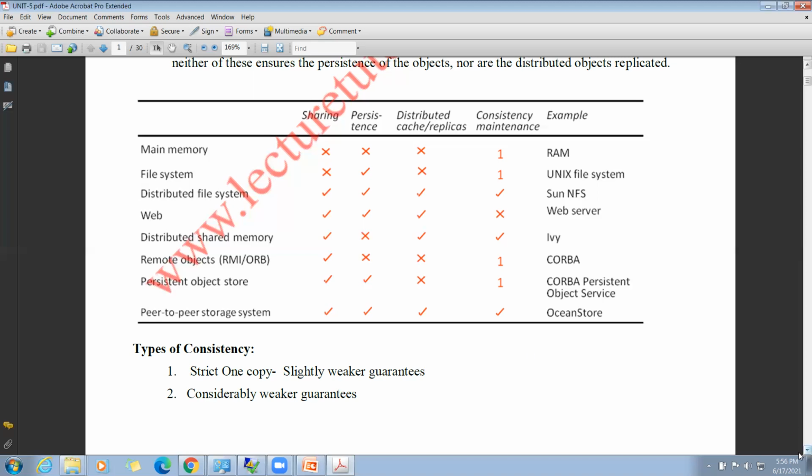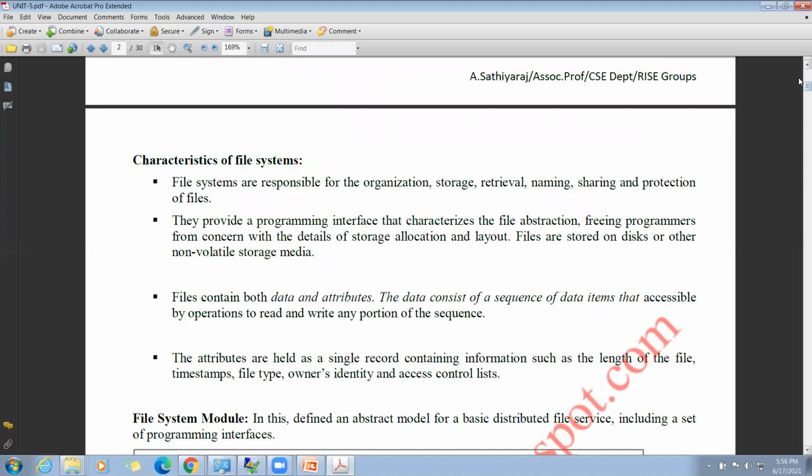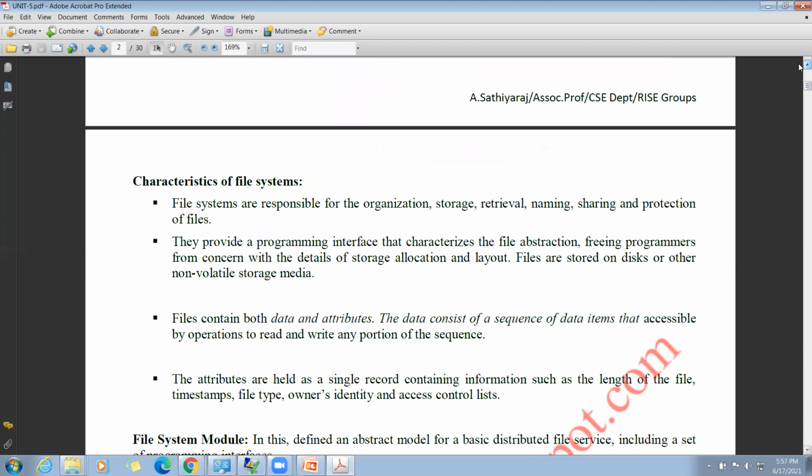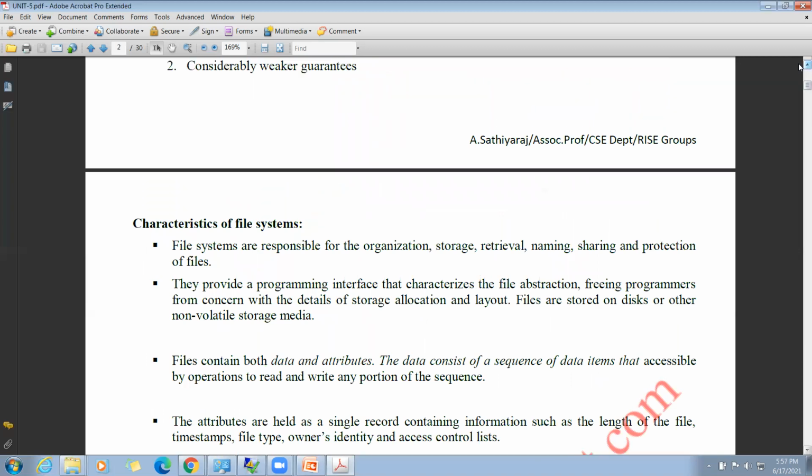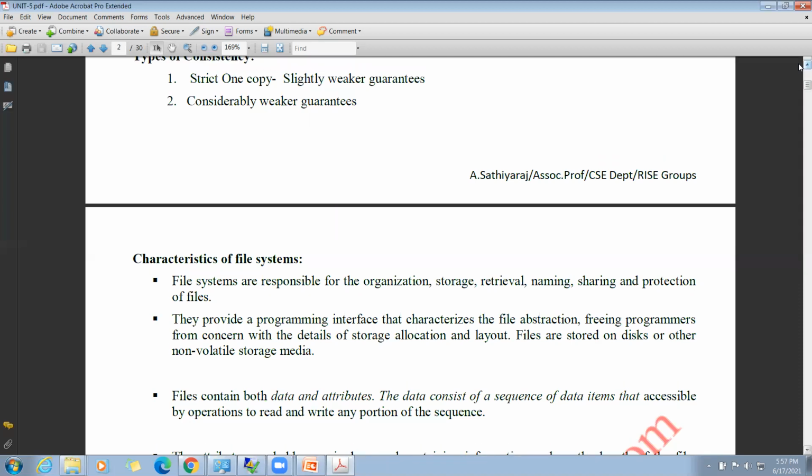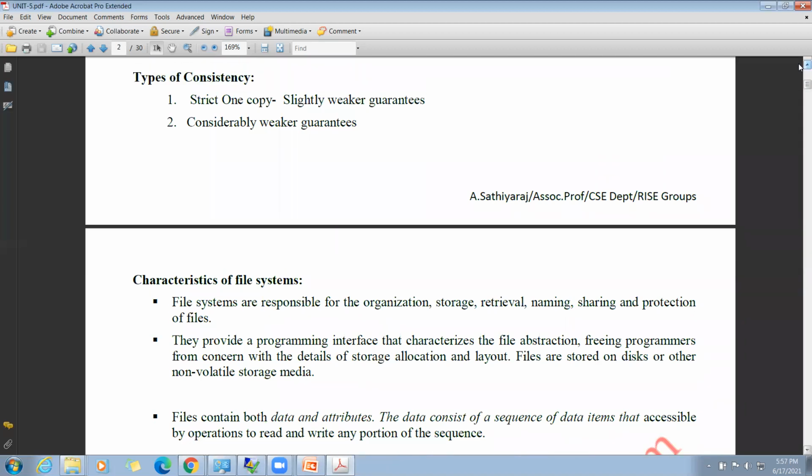Coming to the next topic, that is consistency. Here the types of consistency are strict one copy, slightly weaker guarantees, and weaker consistency.